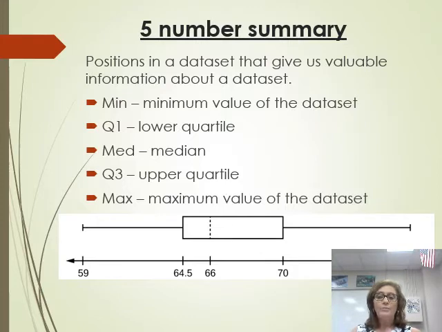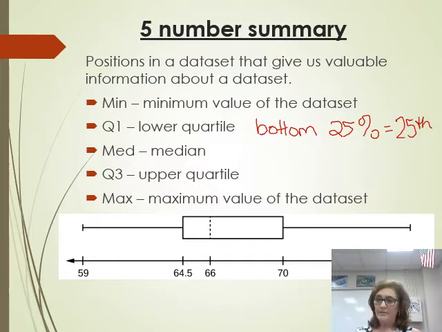So Q1, which is the lower quartile, that actually represents the bottom 25%. This is going to represent the bottom 25%. Or you can also say that this is equal to the 25th percentile.